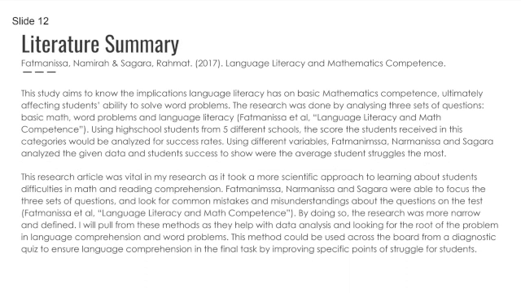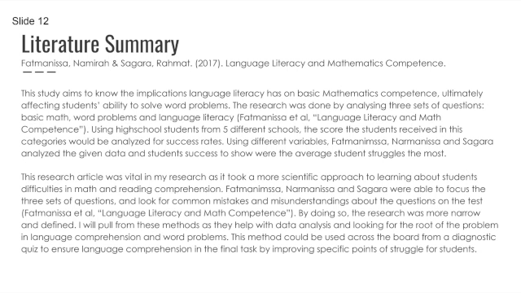And the last article I looked at was titled Language, Literacy, and Mathematics Competence. This study aims to show the implications language literacy has on basic mathematics competence, ultimately affecting students' ability to solve word problems. So this research was what stuck out to me the most, as it was conducted in 3 sets of questions. So these would be analyzed separately.